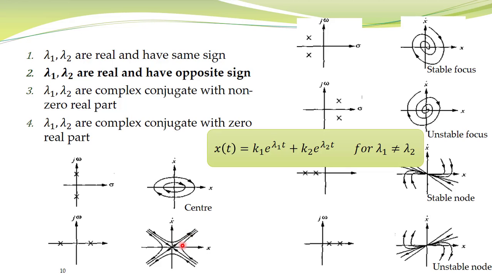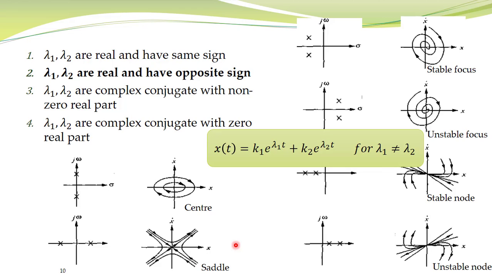For these set of initial conditions, trajectories are converging to origin. For all other initial conditions, for example, for this initial condition, the response grows to become unbounded. This arrow is in the direction of time. So as time passes, these trajectories will become unbounded. So such kind of phase portrait, that is called saddle.